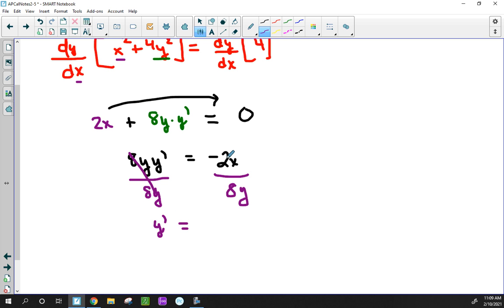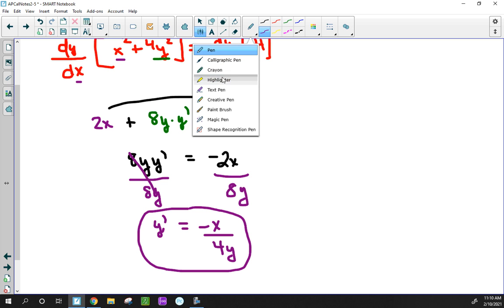And I'm going to go ahead and simplify this. Negative 2/8 is negative 1/4. So this is the best answer here. That's what y prime is equal to.